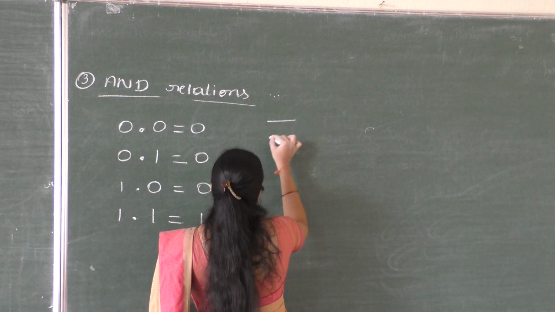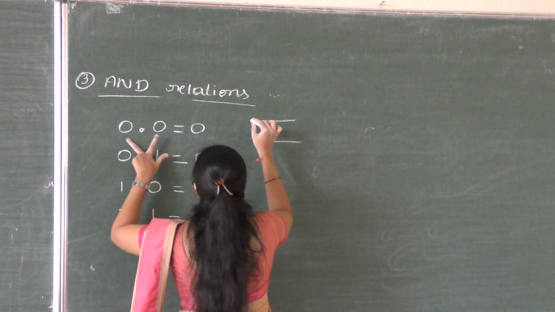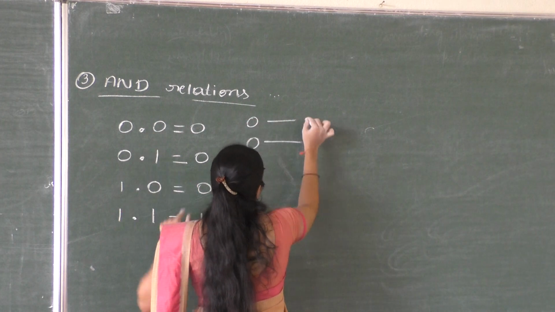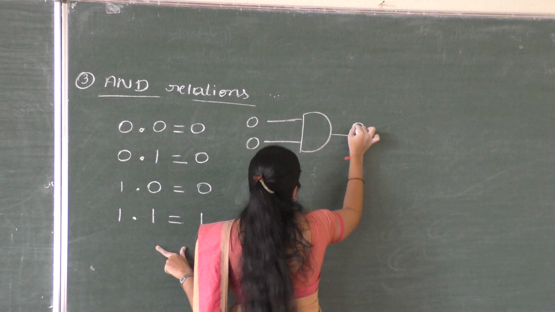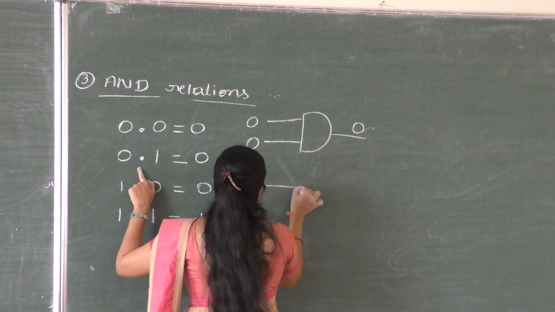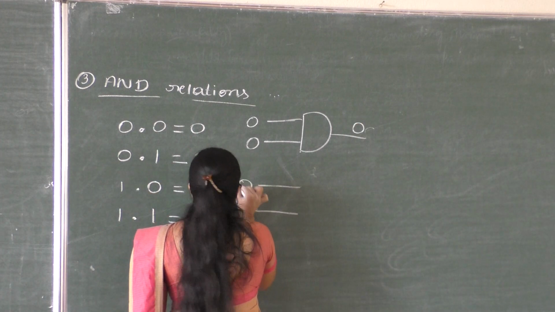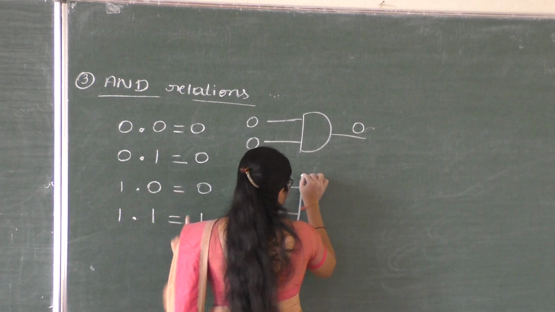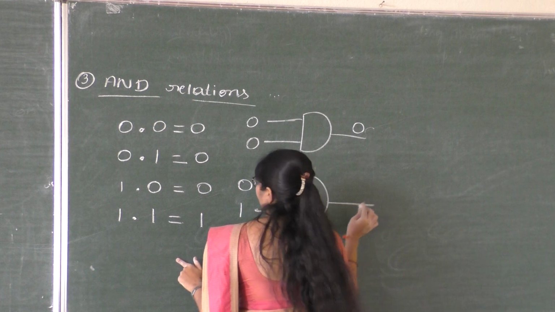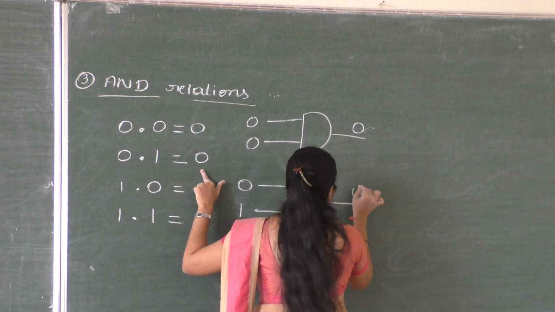Next, logic symbol. If both the input signals are 0, in AND the output signal is 0. Next, one input signal is 0, another input signal is 1. In AND, if any one of the input signals is 0, the output is 0.